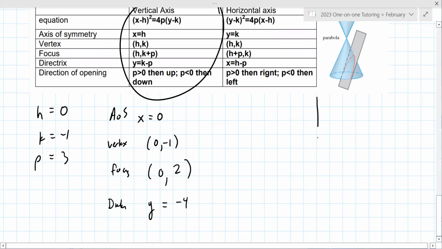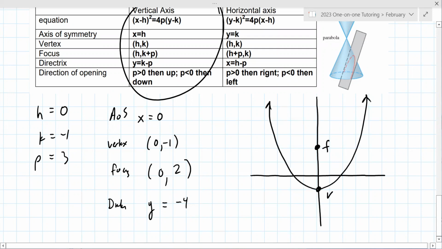So this one we can graph a little bit better. We can get that vertex in the right spot, (0, -1). The focus is up here at (0, 2). So vertex, focus, you'll see that in physics again. And then this is where it's like, I don't know how accurate your teacher wants you to be, you can get as accurate as you want.